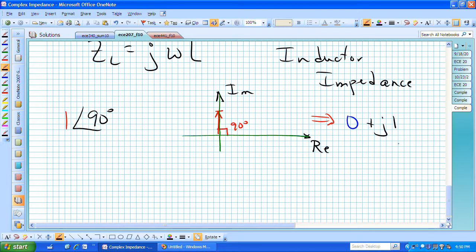And that now is how 1 at 90 degrees is equal to 0 plus J1, which is just equal to J.